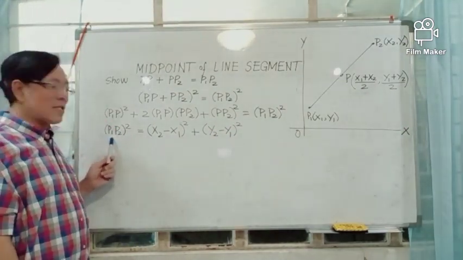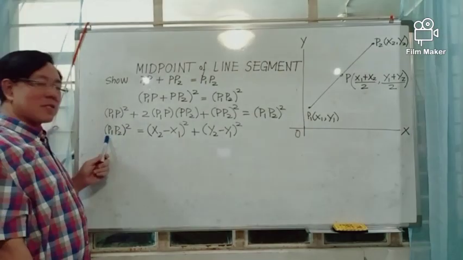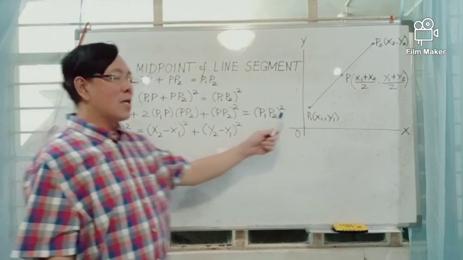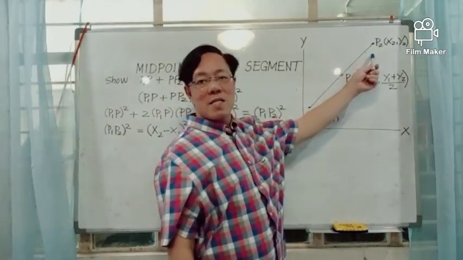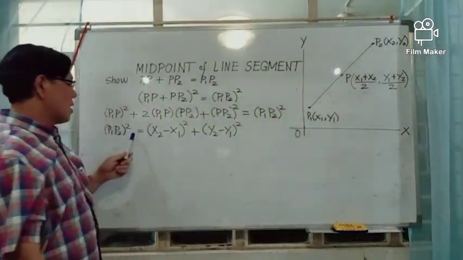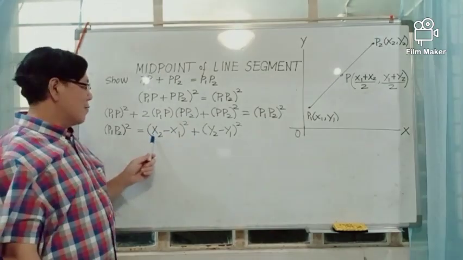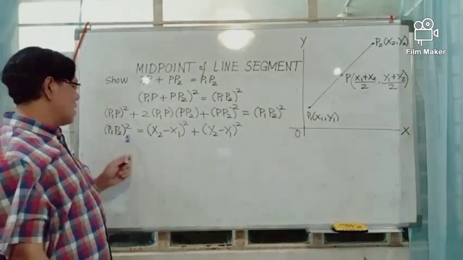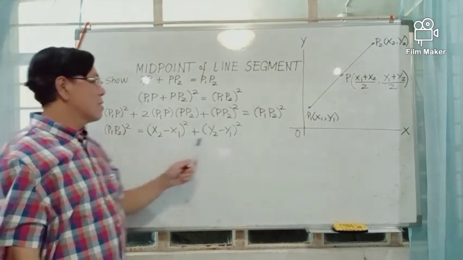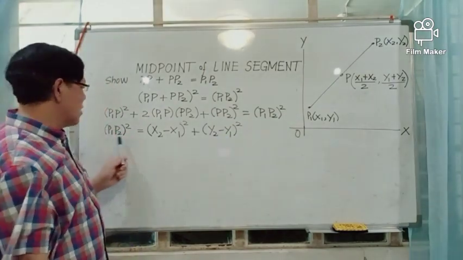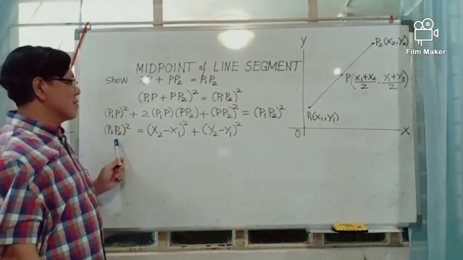This is the square of the distance between the points P1 and P2, the endpoints of the line segment. It is equal to the sum of the square of the difference of the abscissas of the endpoints and the square of the difference of the ordinates of the endpoints of the line segment.